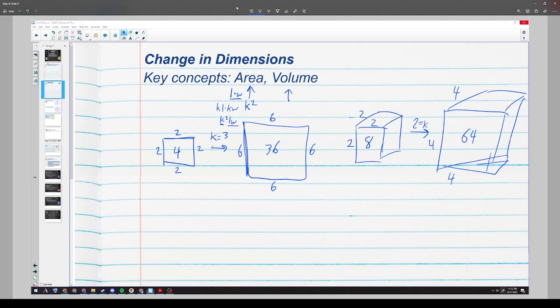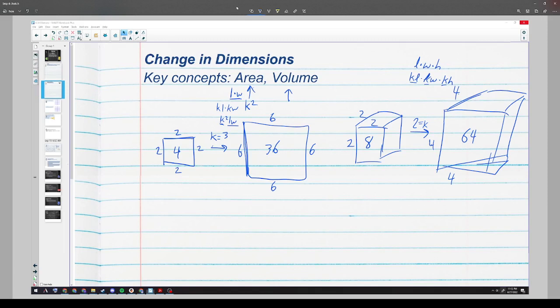The idea there is that we doubled every side, or applied k times to every side. So I went from having length times width times height to having k times the length times k times the width times k times the height. So that k value shows up 3 times because it hits all 3 dimensions.